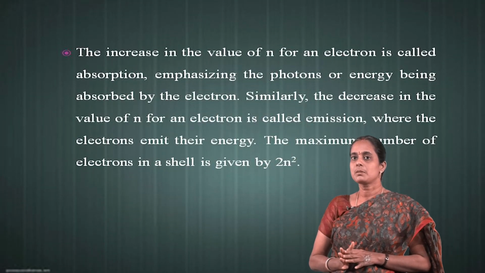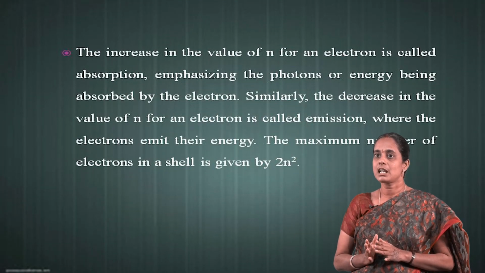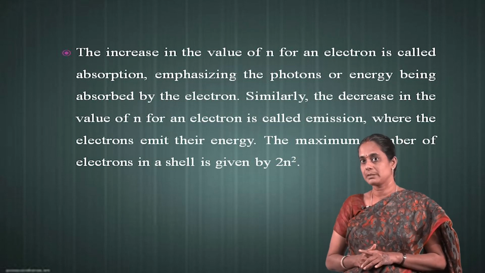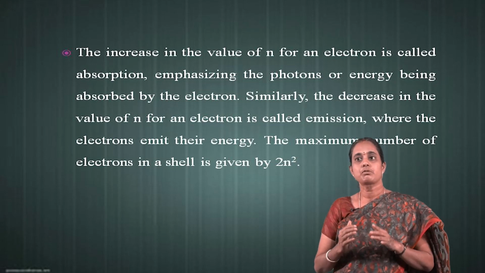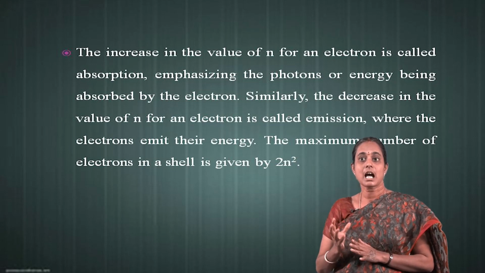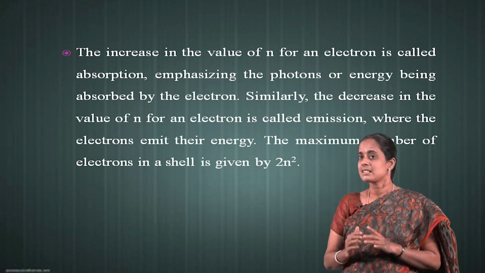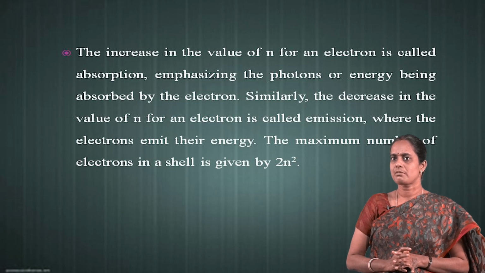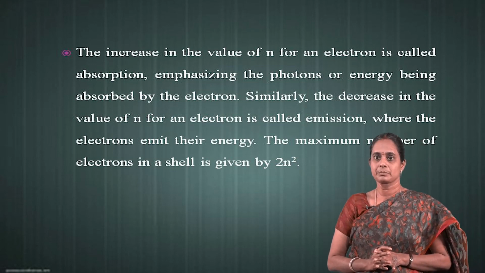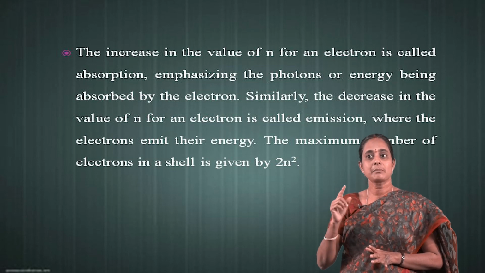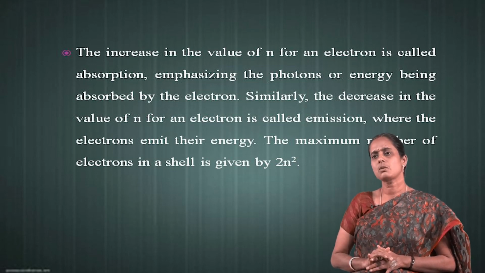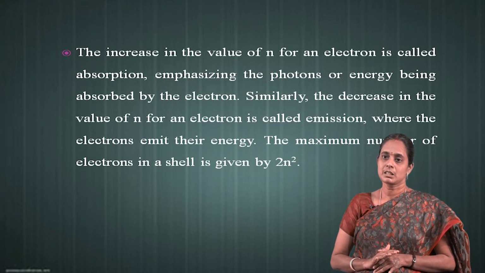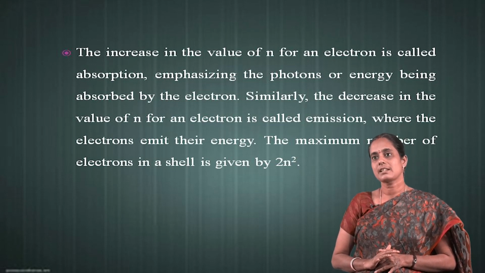The increase in the value of n for an electron is called absorption, emphasizing the photons or energy being absorbed by the electron. Similarly, the decrease in the value of n is called emission, where the electron emits its energy. The maximum number of electrons in a shell is given by 2n squared.